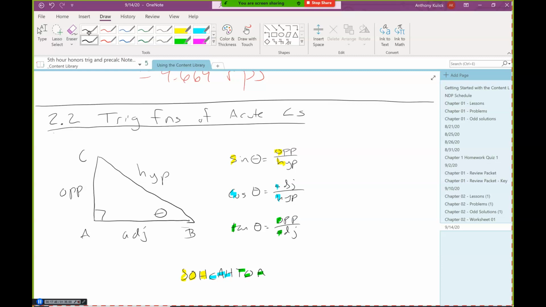How come I don't have a function associated with those? Well, we do. We just didn't tell you about them in geometry. So we also have cosecant theta, which is hypotenuse over opposite. We have secant theta, which is hypotenuse over adjacent. And we have cotangent theta, which is adjacent over opposite.